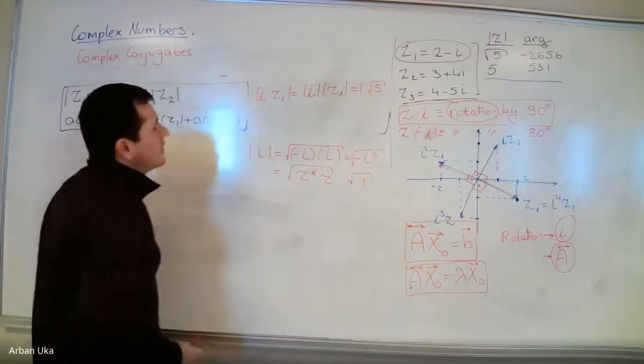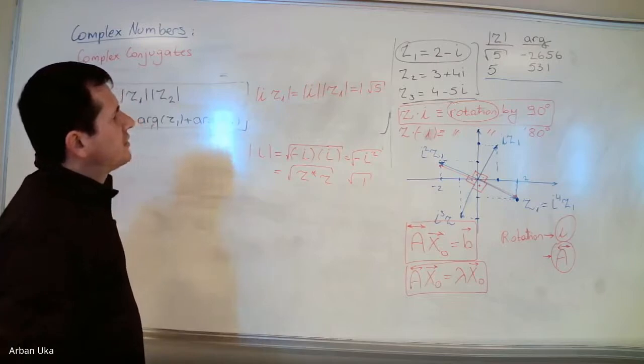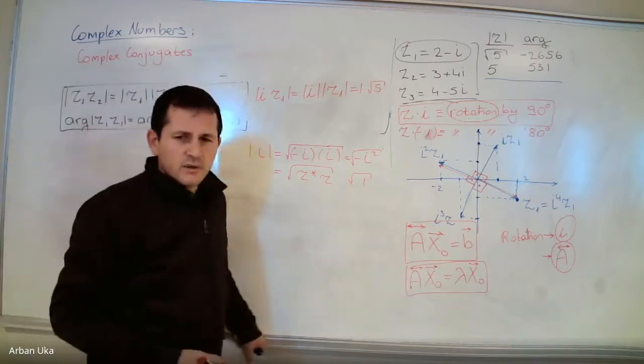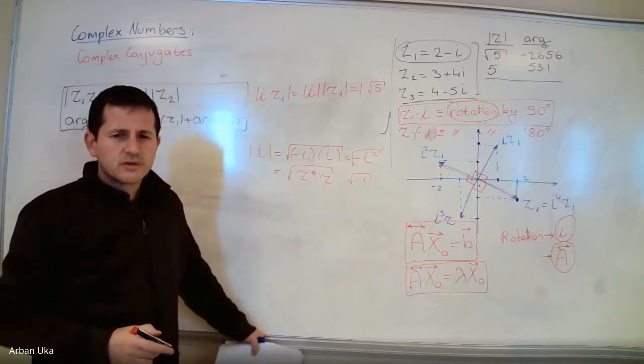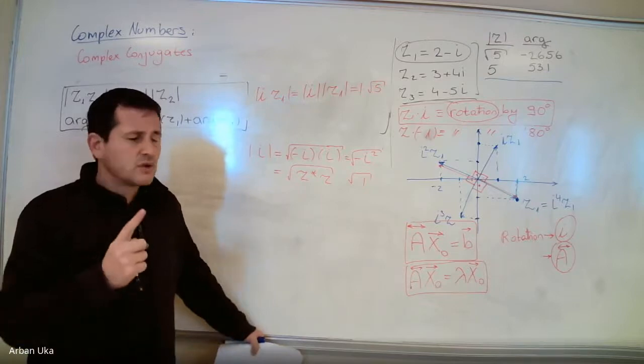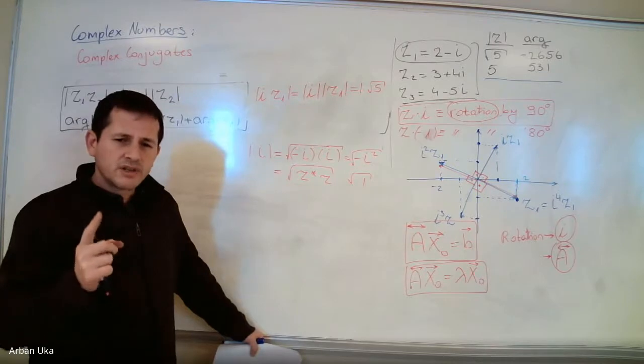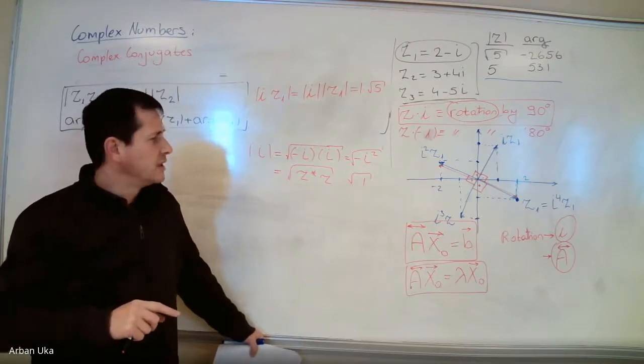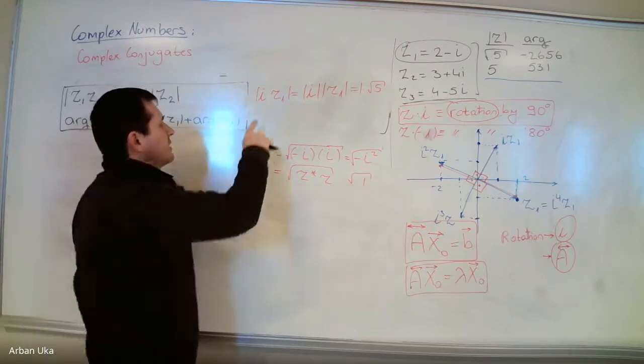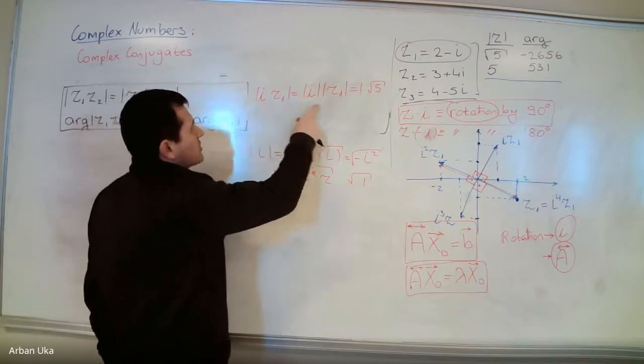So it looks like if we multiply a complex number by i, we don't change the magnitude or the modulus. Why? Because i has a modulus of 1. But it brings a rotation by pi over 2. Now, we multiply by i, and we change the angle by pi over 2.